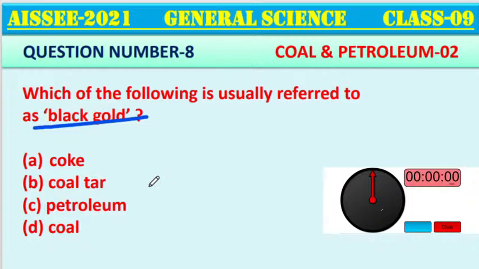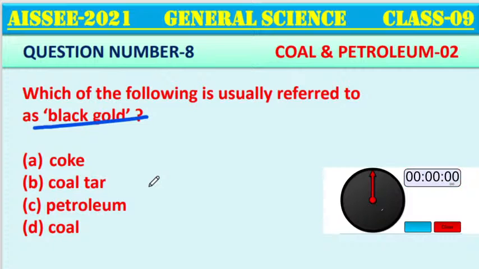Yes, coal is black, but it's not gold. Coke and coal are cheaper, 17 or 20 rupees per kg. If you want to buy coke or coal, you can buy it for 20 rupees per kg.